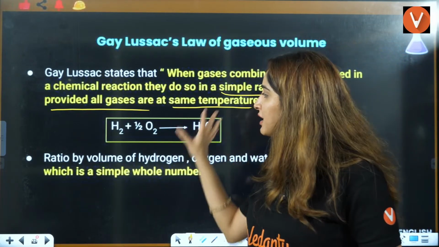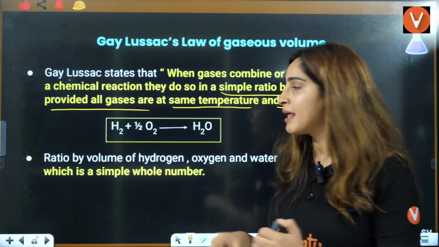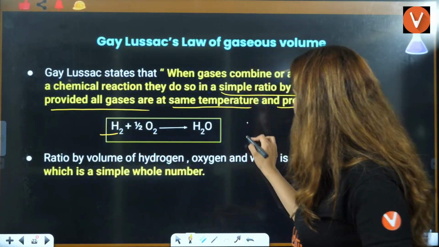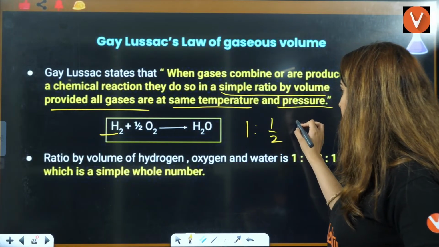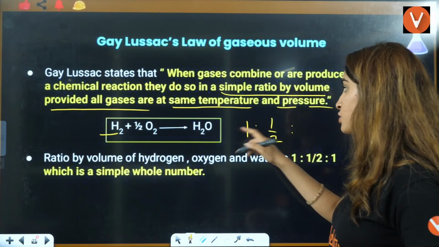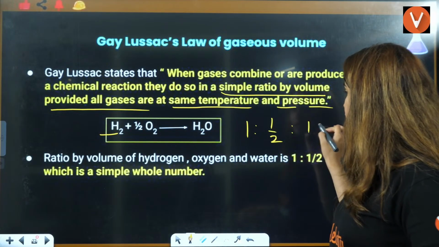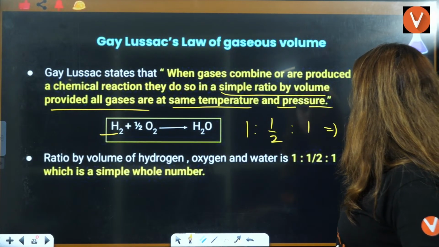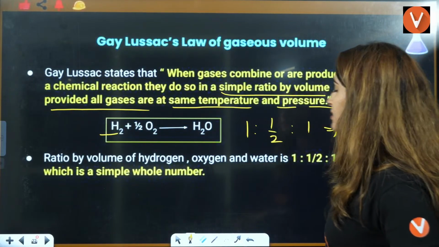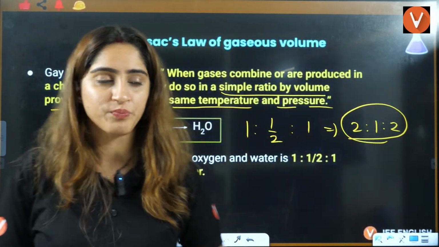Simple means, if the temperature and pressure are the same, if I take the ratio of hydrogen, oxygen, and this is also in vapor form, I am assuming that water is in the vapor form, then that is going to be 2:1:2. So that is the simple whole number ratio, right?